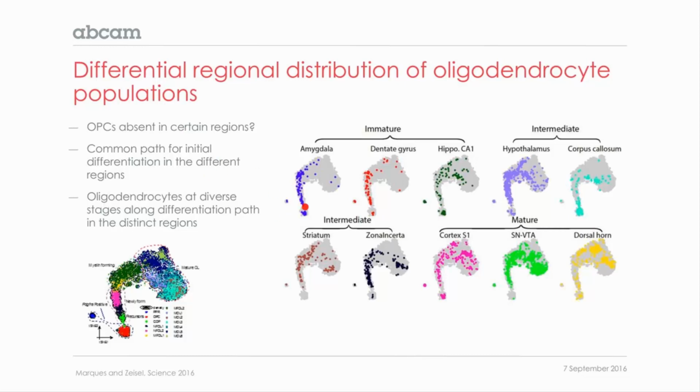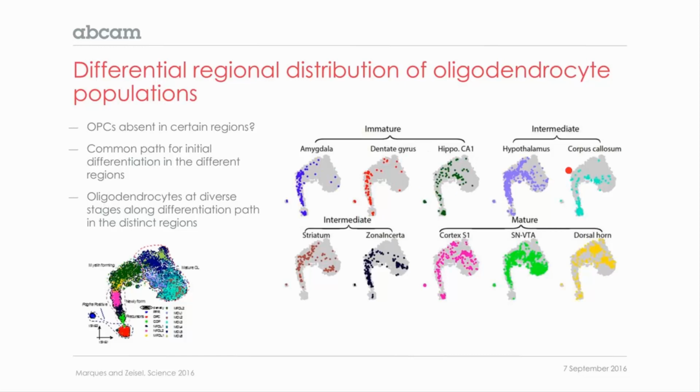Another issue that we could detect was that there was a common path. The common path of initial differentiation was present throughout all the 10 regions that we had identified. But we also saw that the mature cells were present in some regions that we call mature regions, and were absent in other regions like the amygdala and the hippocampus, which are then more immature at this juvenile stage.